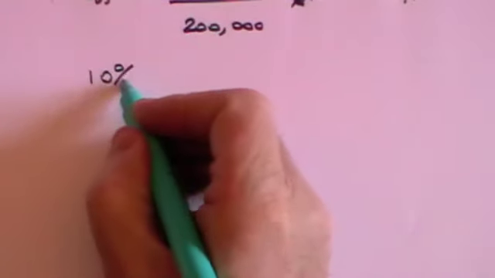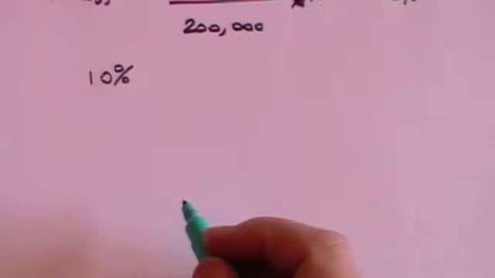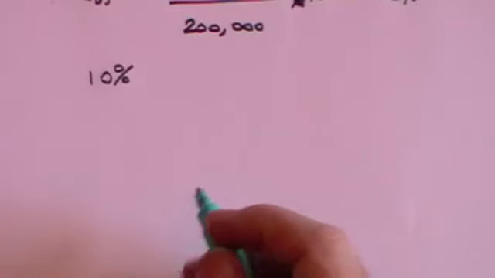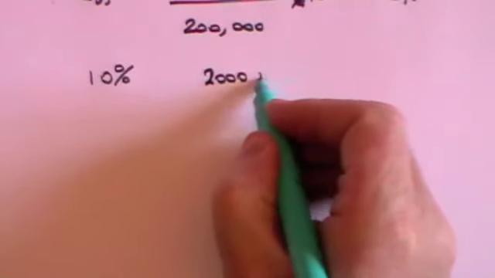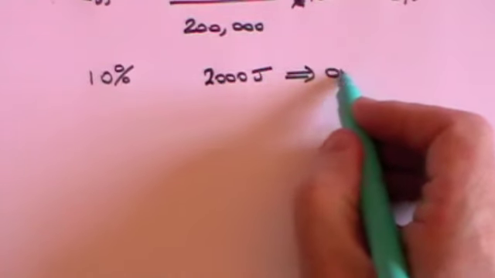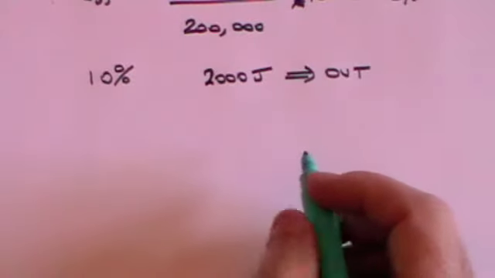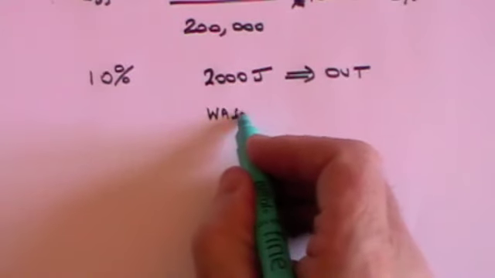Here's another exam question. We have a light bulb, and we're told that the light bulb is 10% efficient, which means 90% is wasted. If 2,000 joules is given out, in other words, that's the useful energy, how much is wasted?